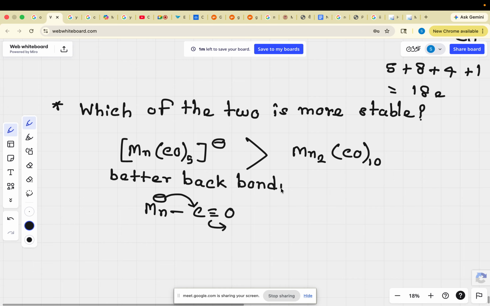So this is your more stable compound. And also we know that a metal-ligand bond is more stable than a metal-metal bond. Here you have metal-ligand and here you have two manganese, so that means you have a metal-metal bond.